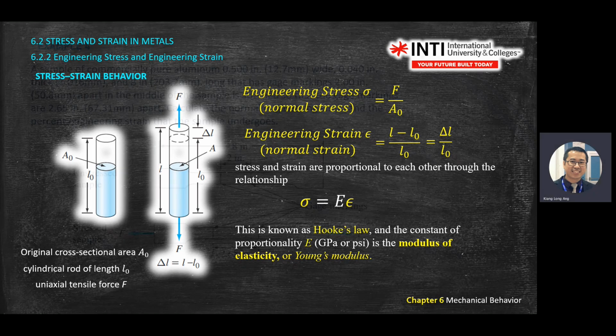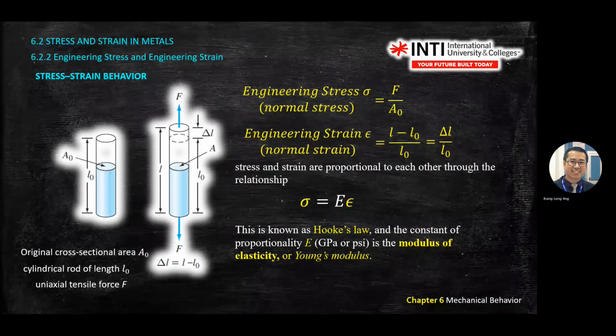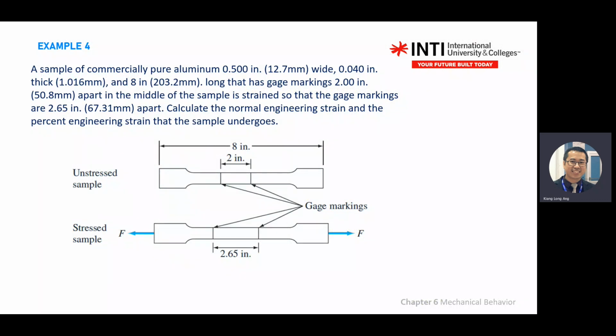Okay. The question won't say Hooke's law. The question will give you all the force and the behavior, like example number 4. Sometimes diagram will not be given. You will see a paragraph of statement. For example, aluminium, 12.7 mm wide, and thickness is given, the length is given.